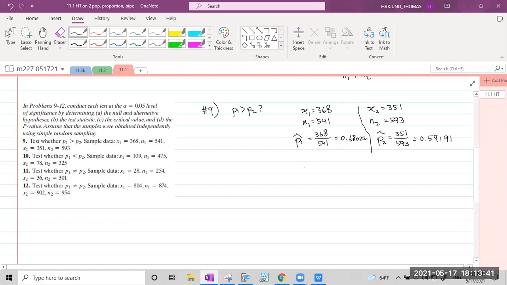Now p bar will be 368 plus 351 over 541 plus 593. On the top I have 719. Is it right? 368 plus 351 is 719. At the bottom we get 1134.